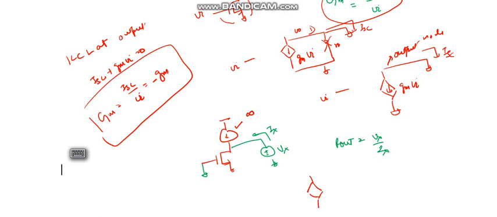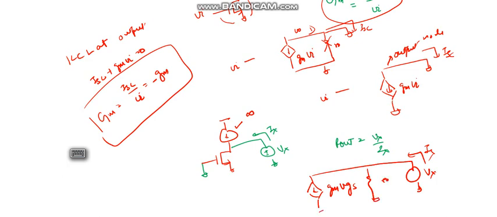If we draw the small signal model, Gm Vgs and ro, this is Vx and Ix is here. Now the gate is 0, the source is ground, this is the drain, so the Gm Vgs term equals 0.